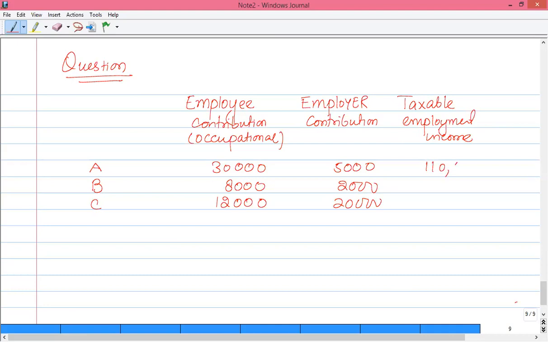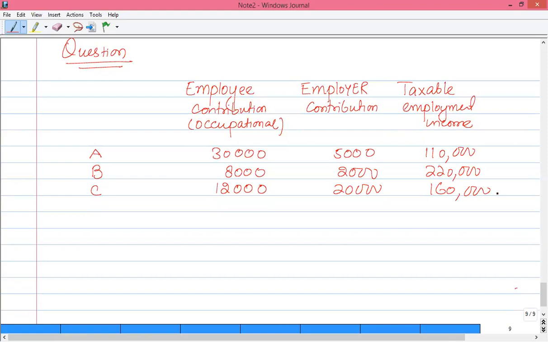And the level of income is 110,000, 220,000 and 160,000. There is no source of income other than that. Calculate the annual allowance for each of the employees.